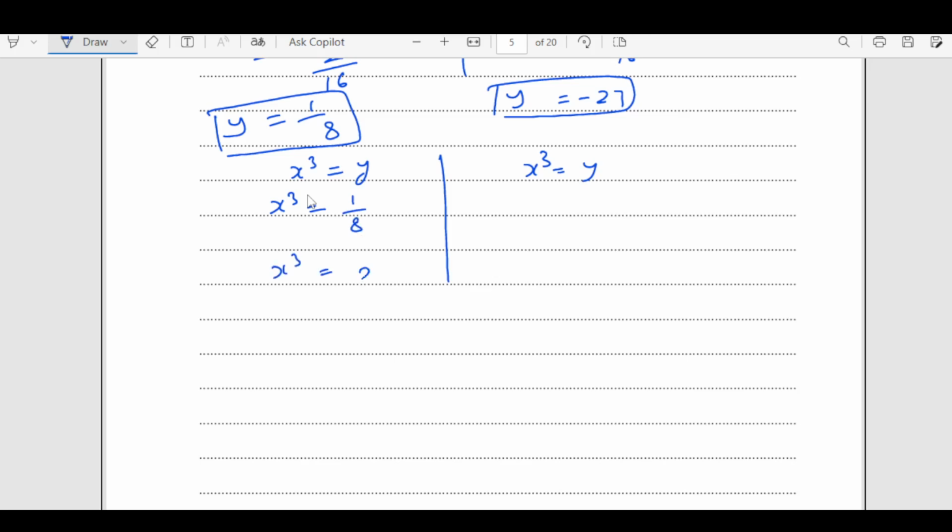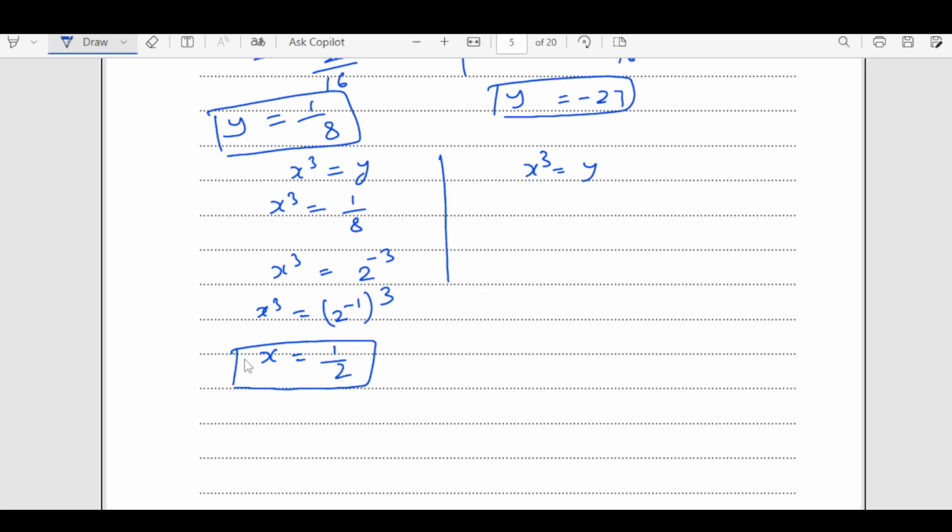This can be written as 2 to the power negative 3. The exponent is not the same, this is negative 3, here we have 3, so we can write it like this. Now the exponent is the same, so x is equal to 2 to the power negative 1, that is 1 over 2. So the value of x is 1 over 2.